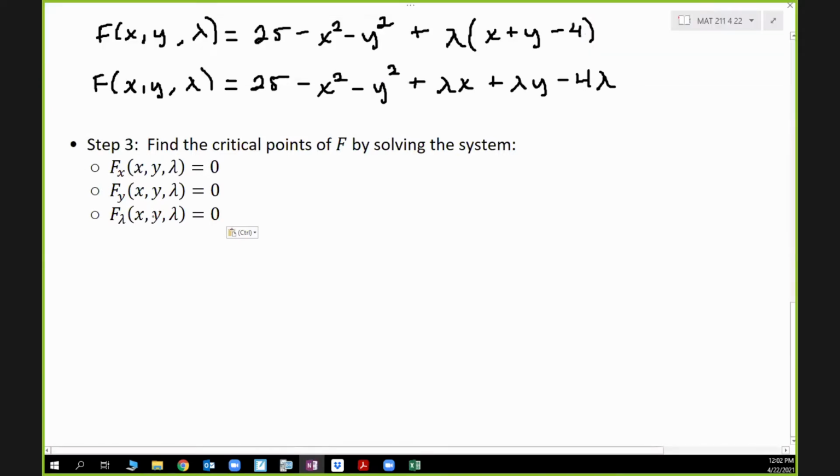So x will be negative 2x plus the little a thing. What's it called? Lambda. Lambda. Yes. So negative 2x plus lambda. Exactly.